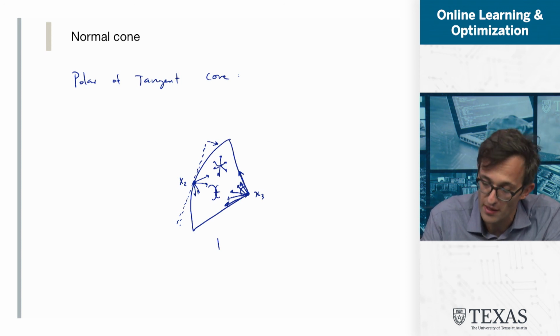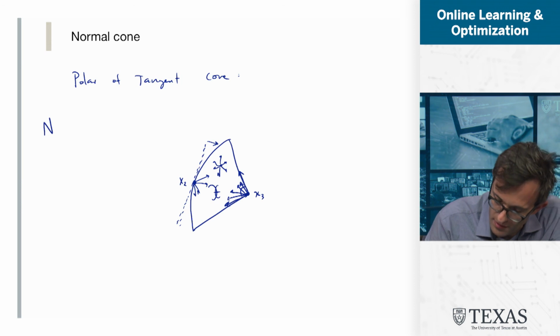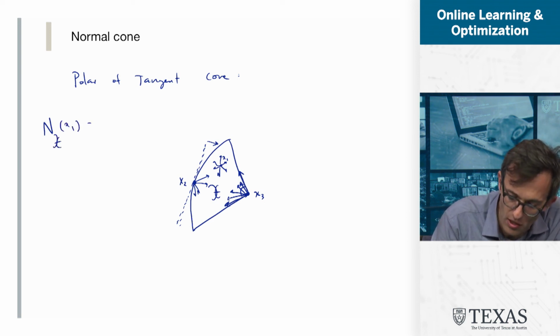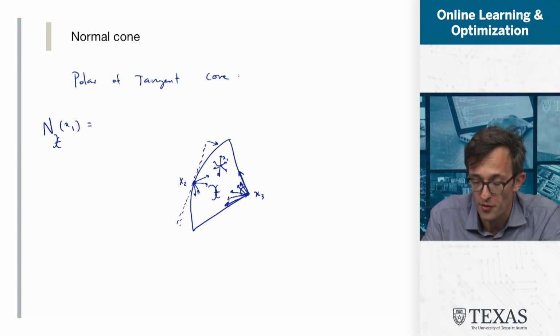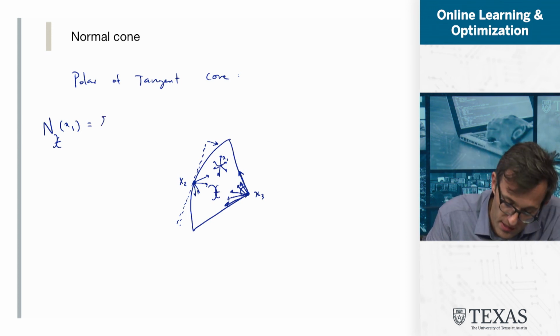I've drawn all the tangents. So what is the normal cone for each one of these? Well, let me call these points x1, x2, and x3. The normal cone at x1 is all the vectors that make a greater than or equal to 90-degree angle with all the vectors in the tangent cone of x1. Well, that's just the point 0.